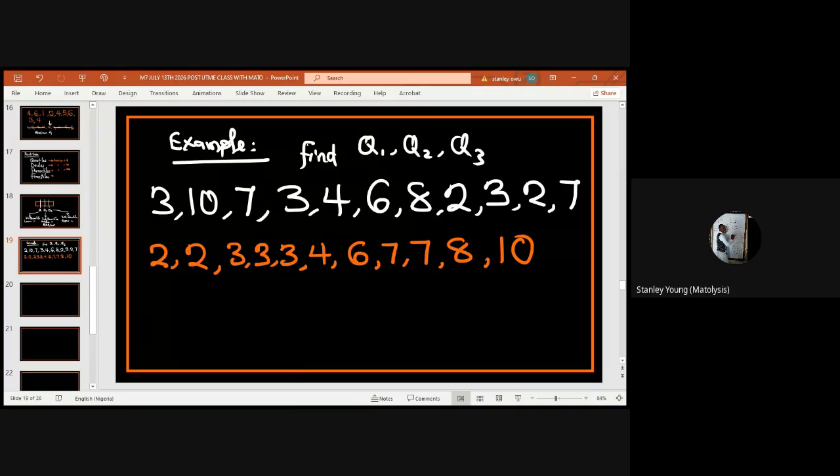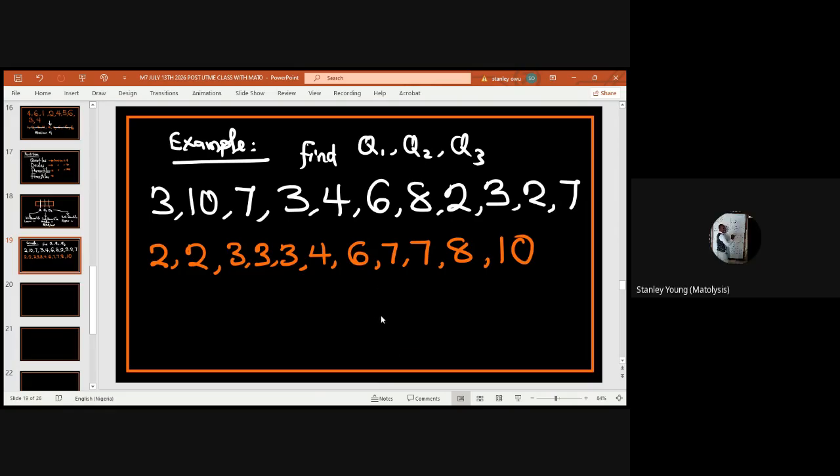Chukwemeka, which number is at the center? Sir, I know you can come again. Okay, which number is at the center? Six.